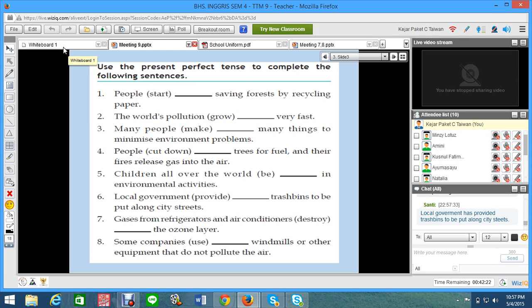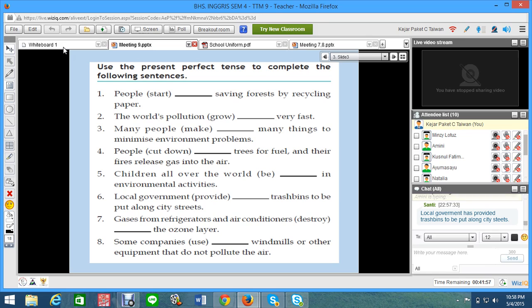Coba lihat punya Mbak Santi. Ya, that's correct. Local government has provided. Okay, so the verb 3 ini namanya kata kerja beraturan atau regular verb. Jadi kita cuma menambah d or ed.